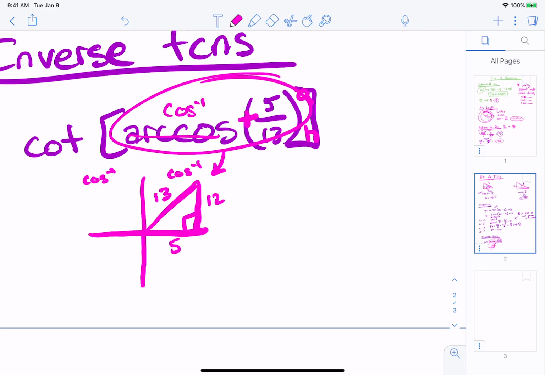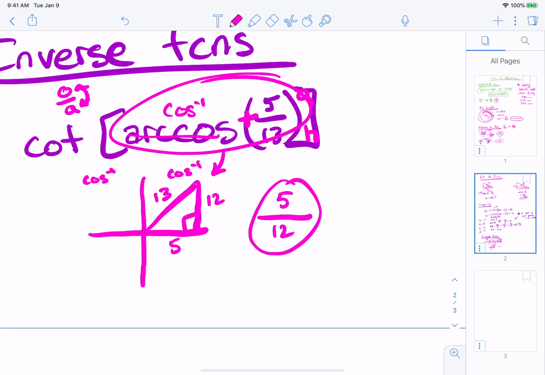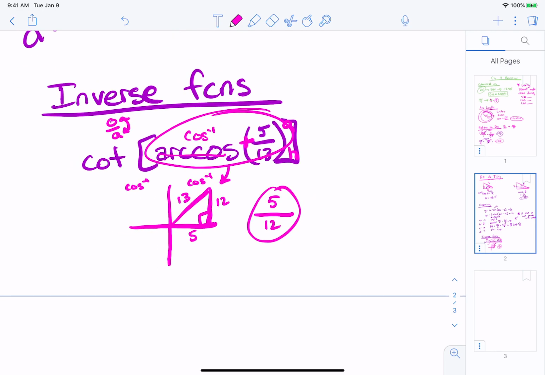Okay? So cotangent of that, tangent is opposite over adjacent, so I want to flip that and do adjacent over opposite. So what's my adjacent over opposite going to be? 5 over 12. Yep, you betcha. 5 over 12. So those are inverse functions. Let me see what else I have for inverse functions.